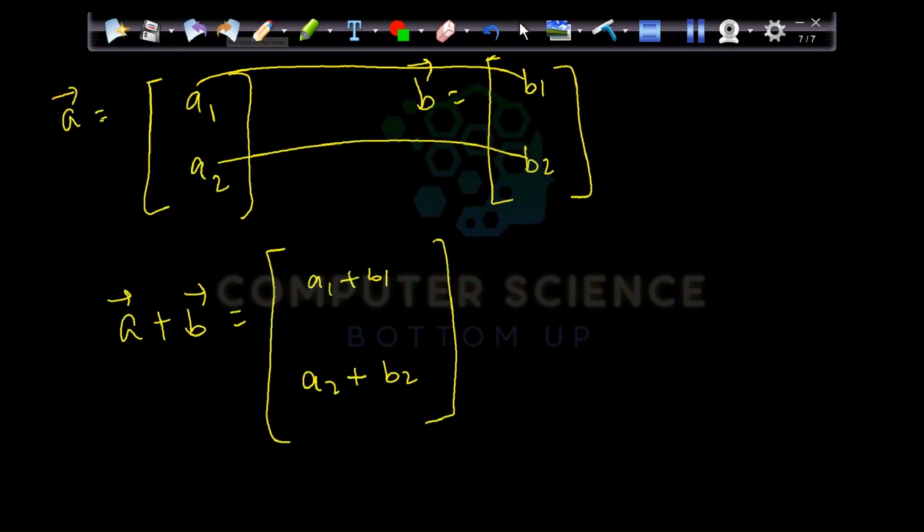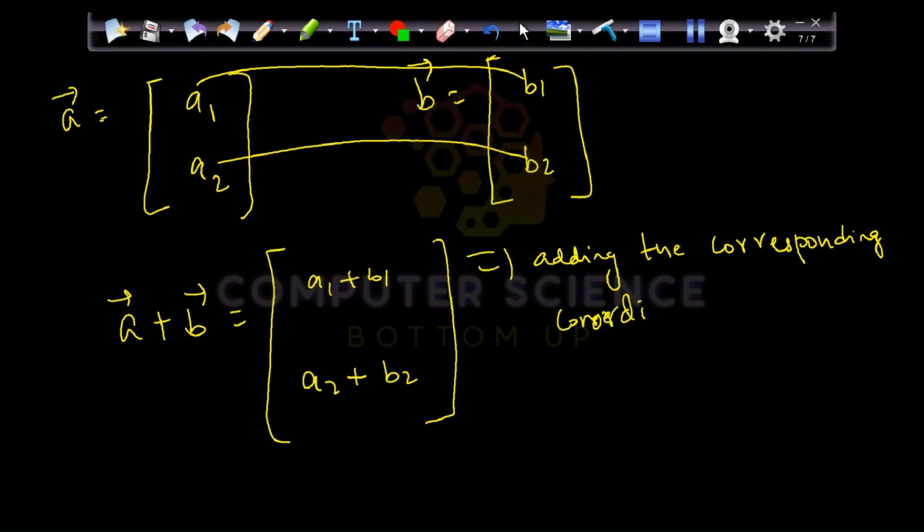And in the case of vector-vector addition, the addition of vectors is nothing but adding the corresponding coordinates. Right?